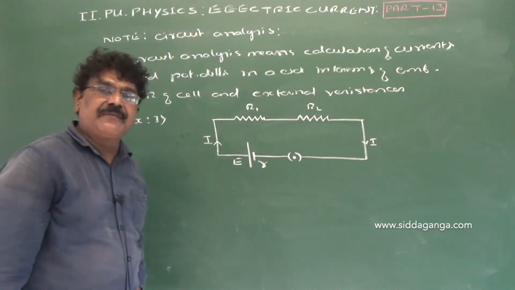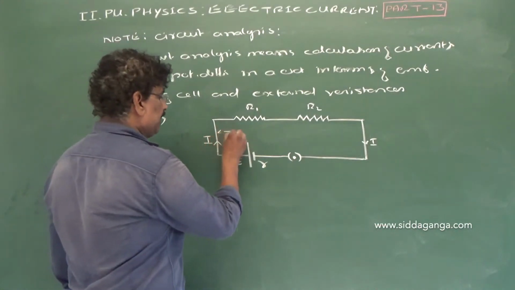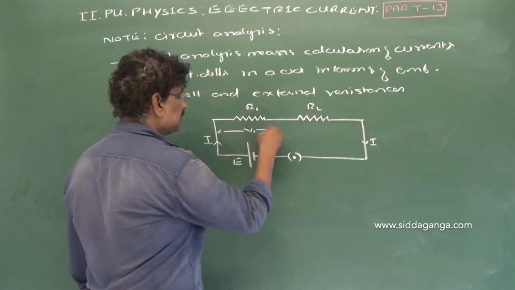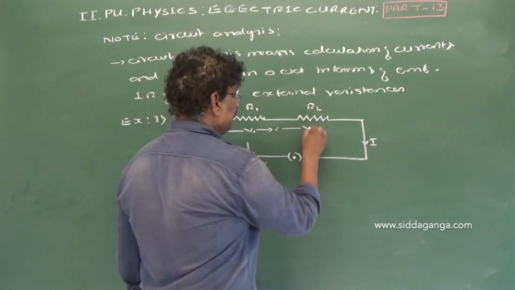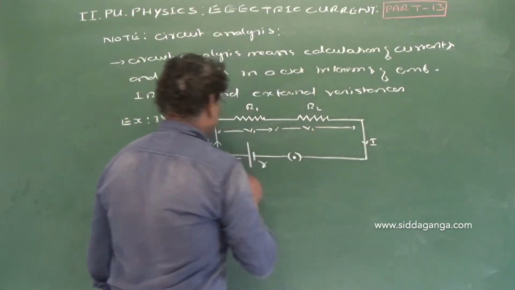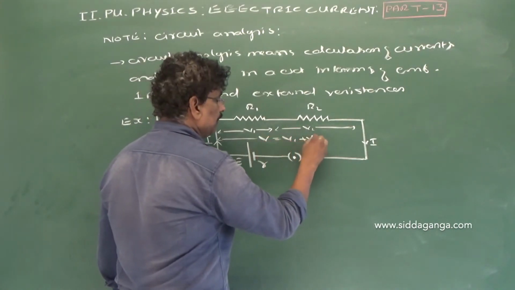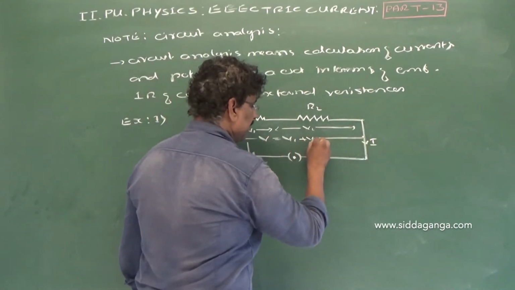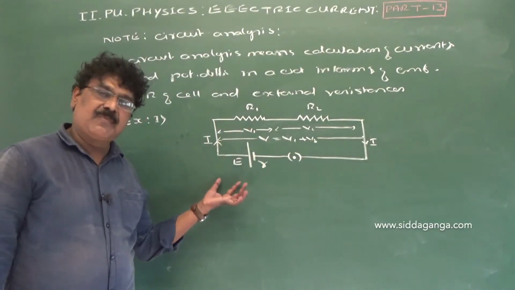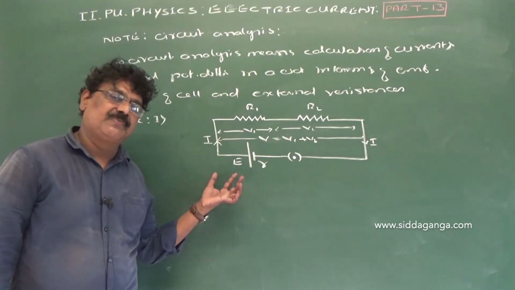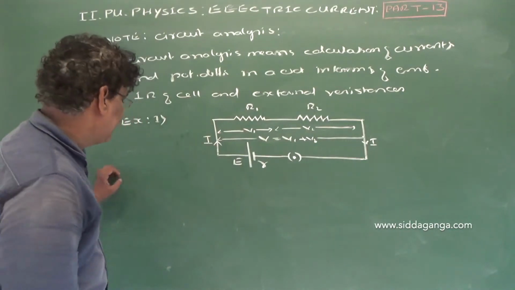Now potential difference across each resistance is different. Let V1 be potential difference across R1, and V2 be potential difference across R2. Now the total potential difference V is equal to V1 plus V2. Here V is the terminal potential difference provided by the cell across a series combination of resistors.